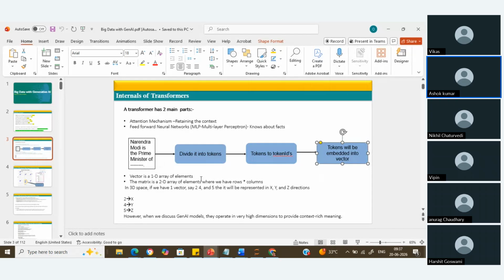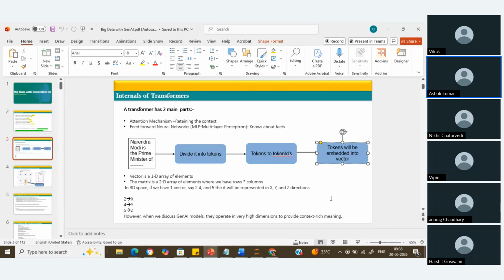Now pay attention here: I have generated the token IDs, and I need to move them into the vector space. Tokens will be embedded into vector space. Now, what is happening in the GenAI world?